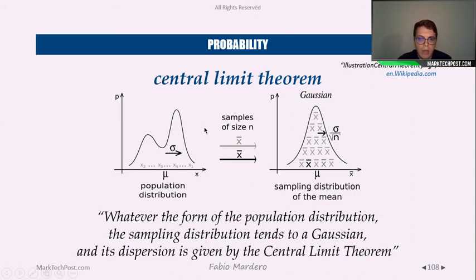Even not knowing this probability distribution, we know that the mean will have a Gaussian distribution with these parameters: mu, and the standard deviation is sigma over the square root of n. So whatever the distribution of the population, the sampling distribution tends to a Gaussian, and its dispersion is given by the central limit theorem. This is the dispersion, the standard deviation.